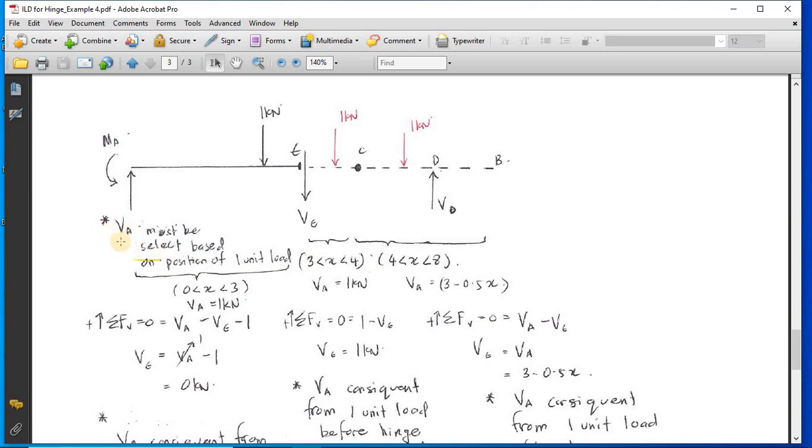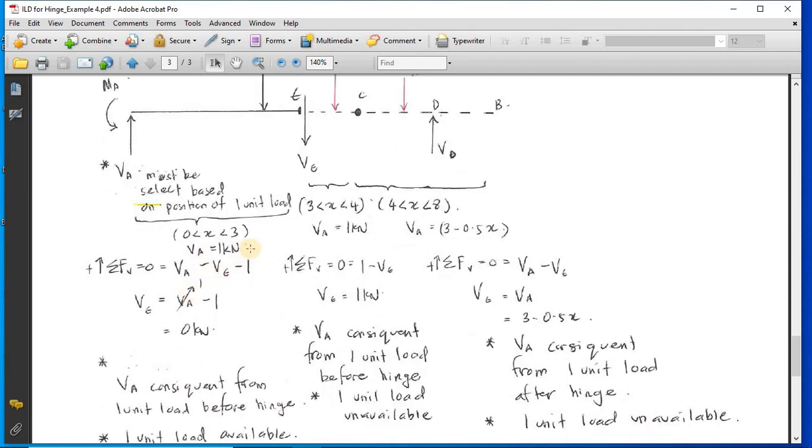I have noted that VA must be selected based on the position of the one unit load, which we saw at the first stage, before hinge and after hinge. Since this is the diagram we will consider to get the equation of VE, the two things you need to look at are VA and the availability of the one unit load.